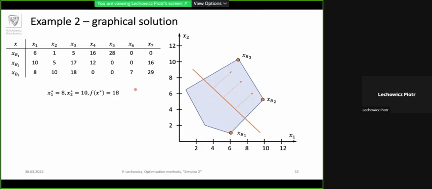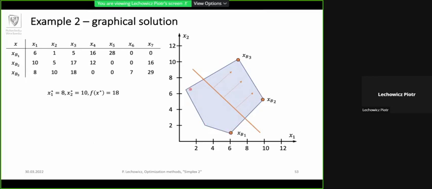but the idea is that we reduce the number of visited vertices. So in the naive algorithm, we would need to check all the vertices. This is a very simple case, so we have only 5 vertices. However, the simplex required to check 3 of them. So imagine a case where we have many dimensions, a huge number of vertices.